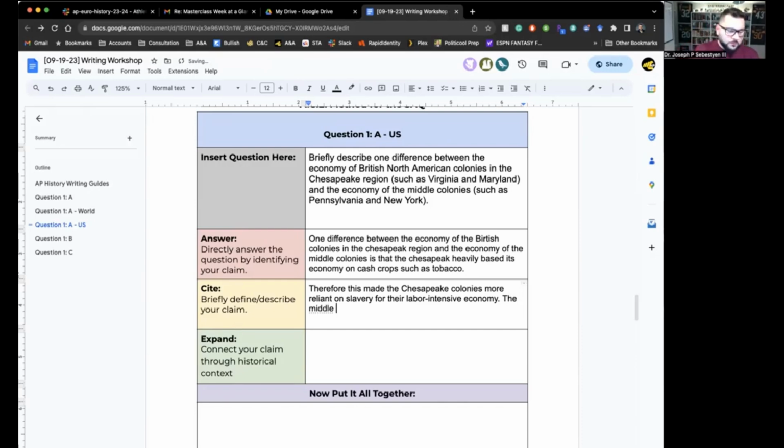The middle colonies relied, or no, middle colonies did not rely on slavery because their economy was grain based and not labor intensive.